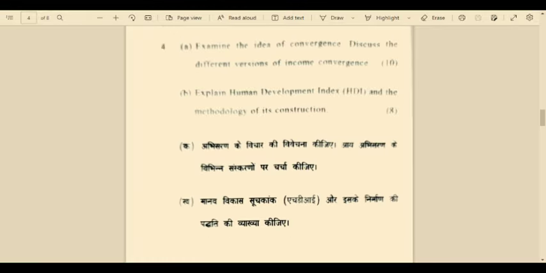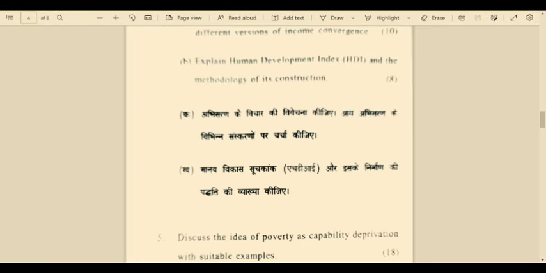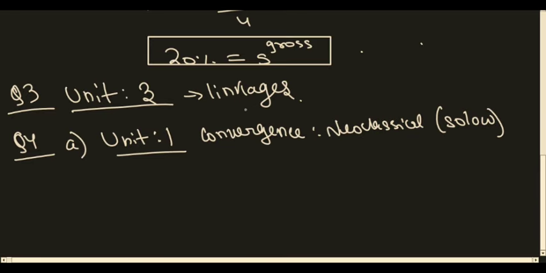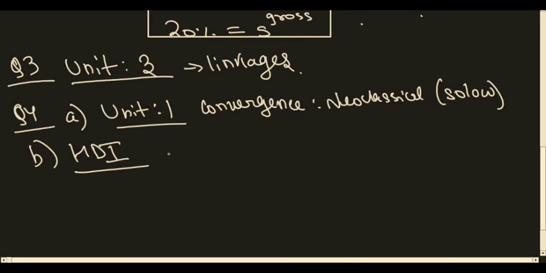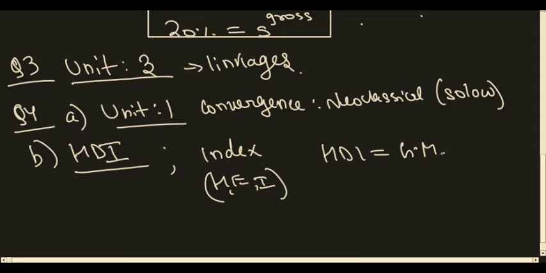Now we have question 4b part, explain Human Development Index and the methodology of its construction. In B part, you will explain the Human Development Index, what it conveys and what it wants to measure across the countries. You will explain how to compute the index of health, education, and income. And HDI would be the geometric mean and its construction.